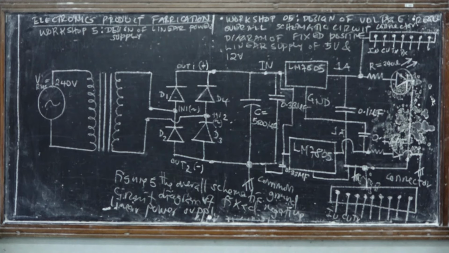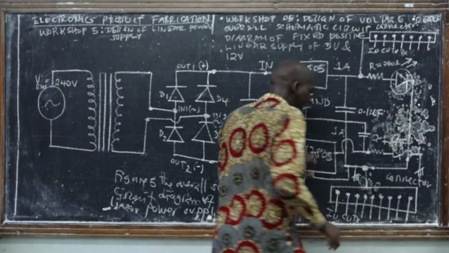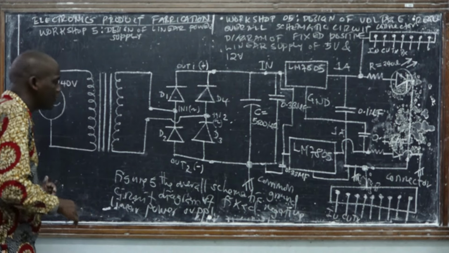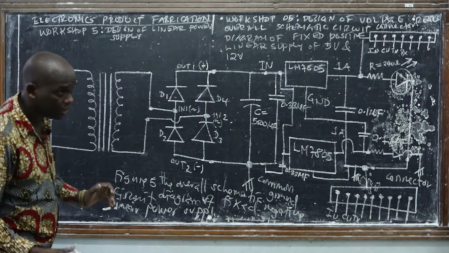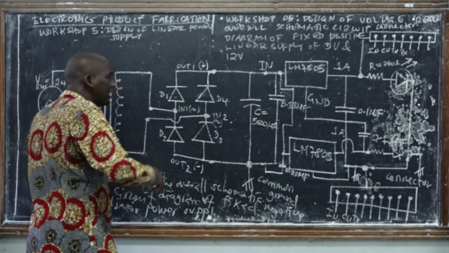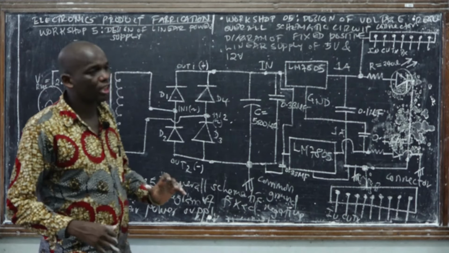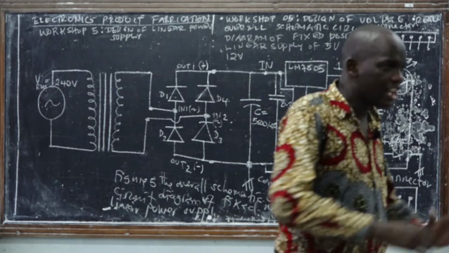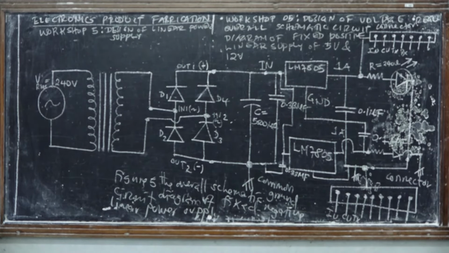Even if you want to design a dual linear power supply, listen, I just want you to understand, because when we draw the schematic circuit diagram, we might draw even 5 of them. Okay? If you've been asked to design a dual linear power supply, it means a linear power supply that provides positive 5 volts and negative 5 volts, or positive 12 volts and negative 12 volts.